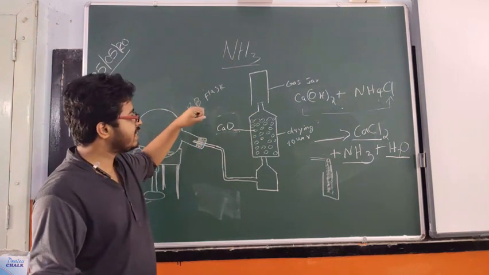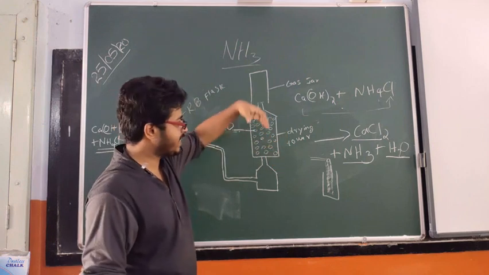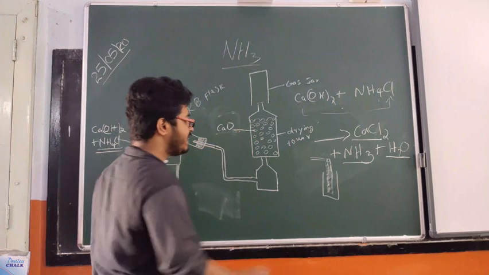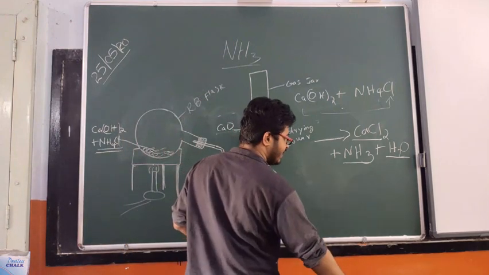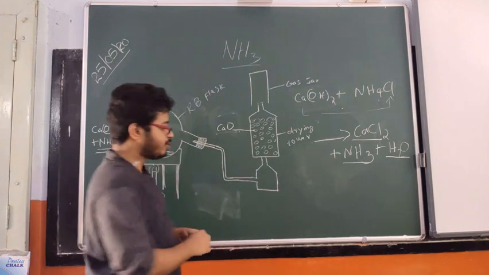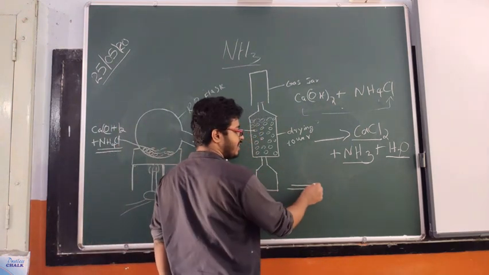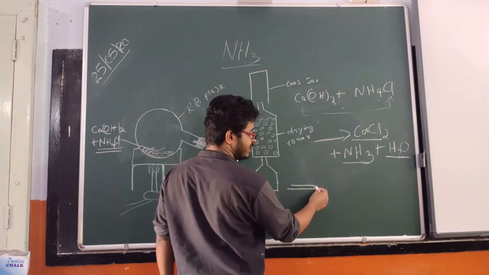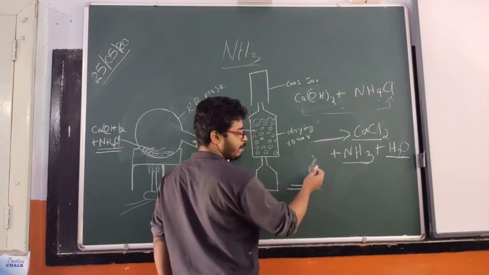Now, what about this case? As you can see, this gas jar is placed inverted. It is placed downwards. Why is it so? It is because ammonia is a gas that is lighter than air. This is what is going to happen. Suppose this is a tube that is delivering ammonia. If we release the ammonia from this tube, the ammonia gas will go up.